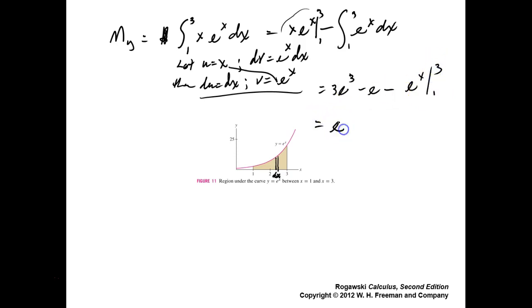So this will be 3e to the 3 minus e, and what would this be? e to the third minus a minus, which would be plus e, right? Yay or nay? Okay, and the plus e minus e cancels, and this just leaves you 2e cubed. You buy that?